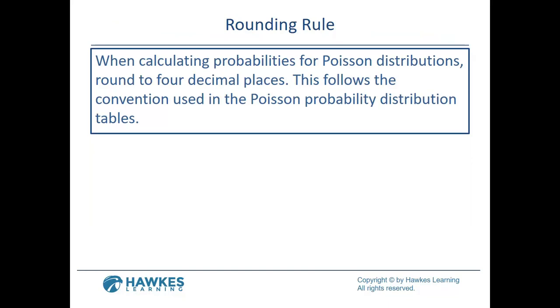When calculating probabilities, for pretty much almost any probability in distributions, we're going to round to 4 decimal places. This follows the convention that's already established in the tables. So for those of y'all that are trying to get through this class without the most expensive calculator, it's possible, but you're going to have to follow the table route. And that's why most things are going to be 4 decimal places.